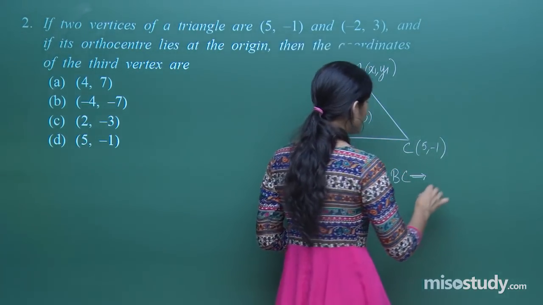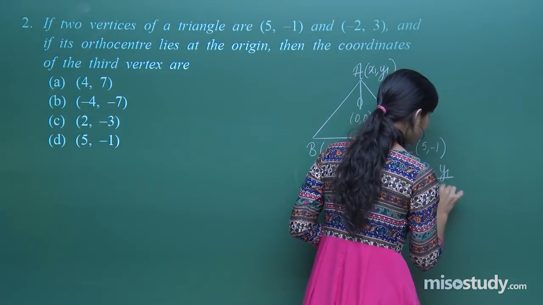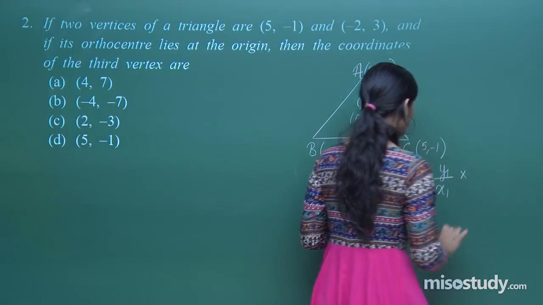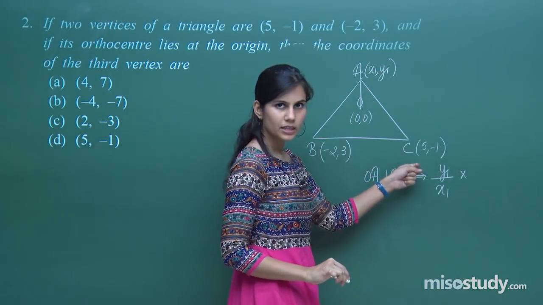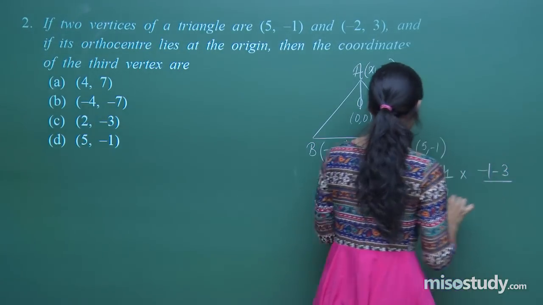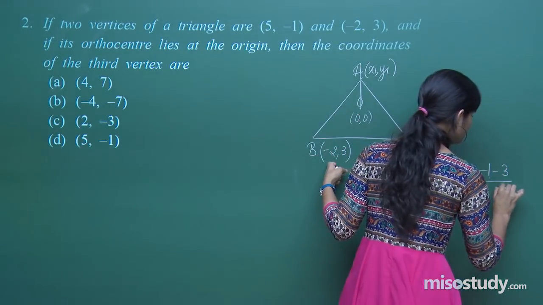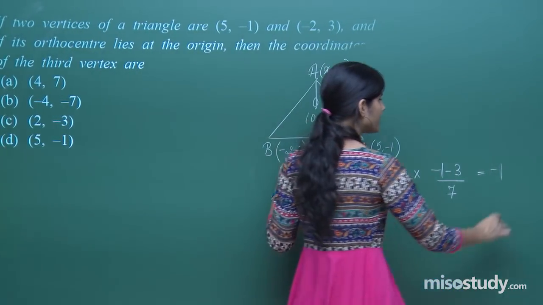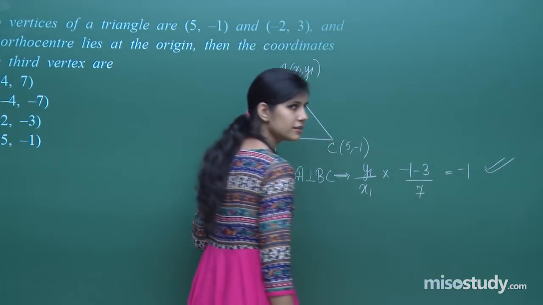Slope of OA is what? (y1 minus 0) upon (x1 minus 0). Clear? This multiplied by slope of BC, which is (minus 1 minus 3) upon (5 minus minus 2), which is 7. This is minus 1. From here you get an equation in x1 and y1.